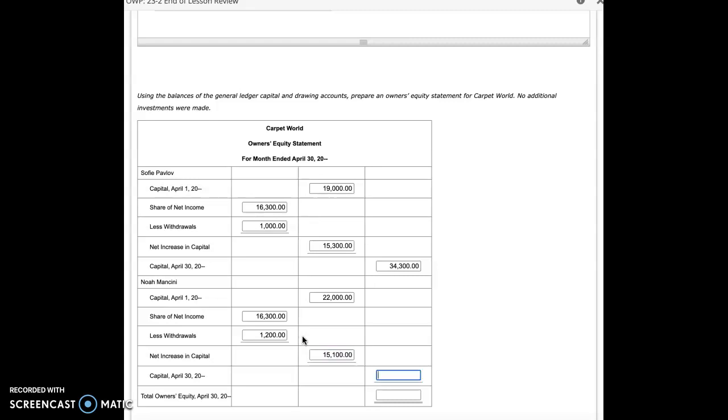And so we will then add the 15,100 to the 22,000. And so that is 37,100. And then we will add both the 34,000 and the 37,000 together to get our total owner's equity.